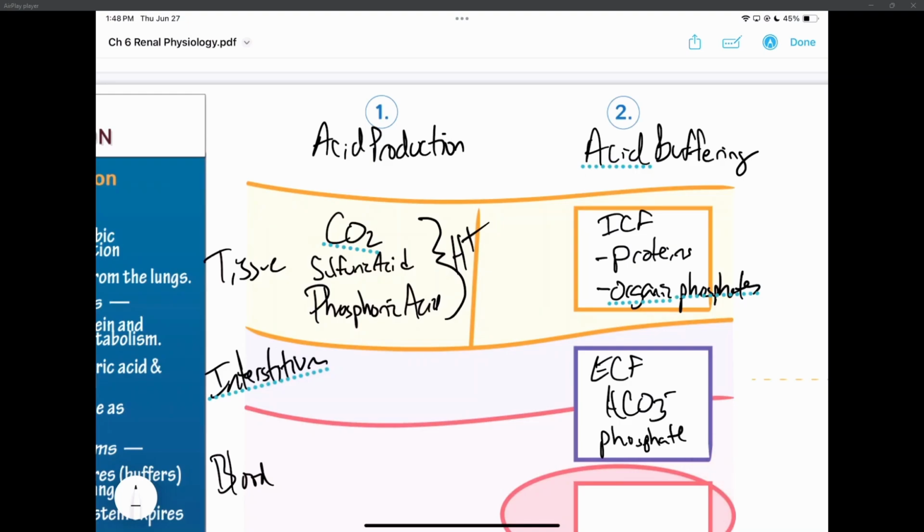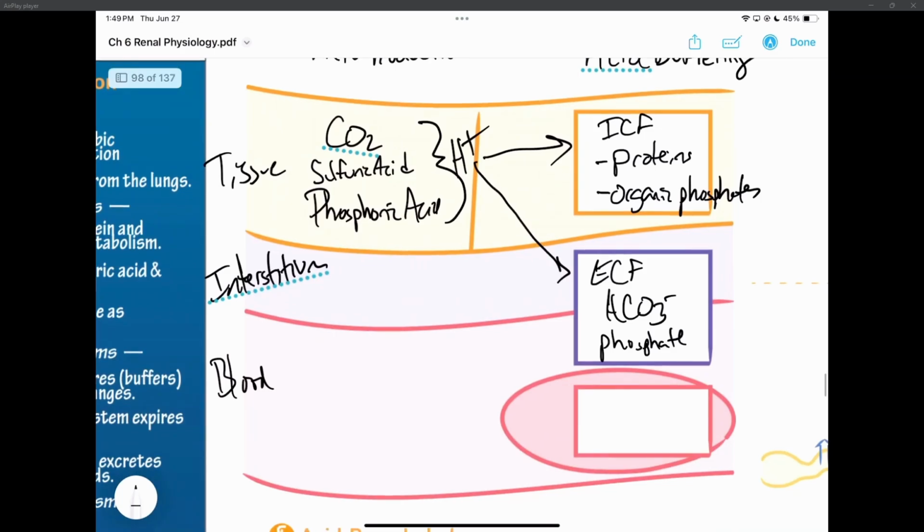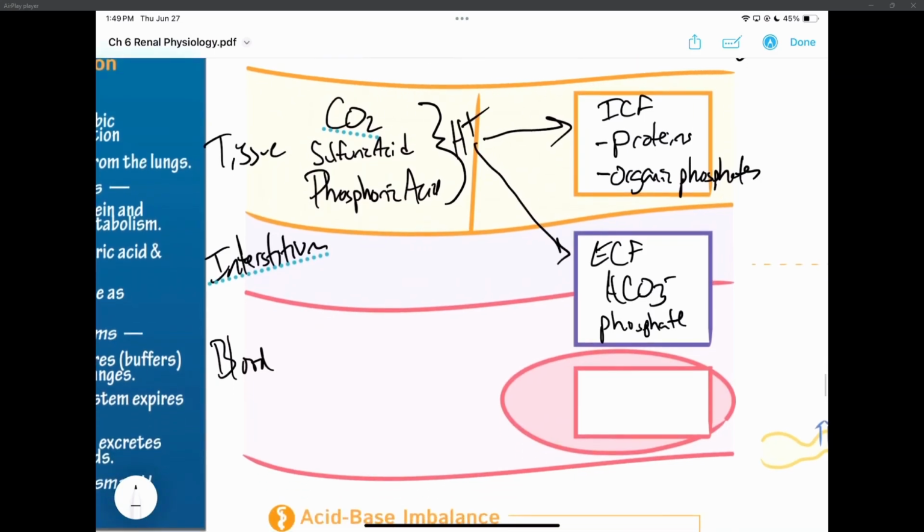Remember, we have phosphate going into the lumen of the renal tubule. We talked about phosphoric acid. It just grabs a hydrogen, binds to it, and gets rid of the acidity that way. That's how phosphate, or phosphoric acid, works to neutralize as a buffer. So the hydrogens can get buffered by the ICF, and by the ECF. And in the blood, what binds hydrogen to get rid of acidity?